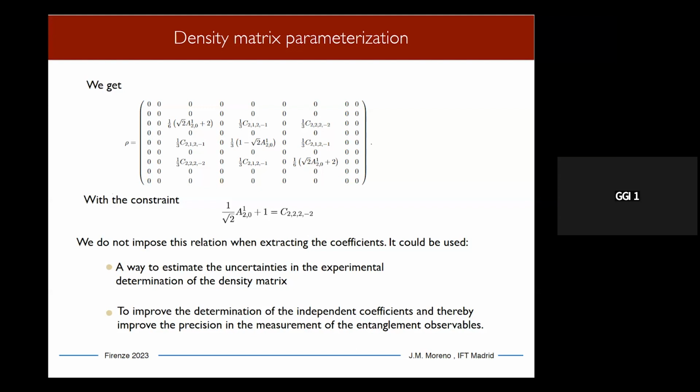Then there should be some kind of bound, or one of the parameters should be written as a function of the other ones. This is the constraint that you get when you make this kind of expansion. We are not imposing this constraint when extracting data because we think it's more interesting to use it as a way to estimate the uncertainties from the experimental point of view.